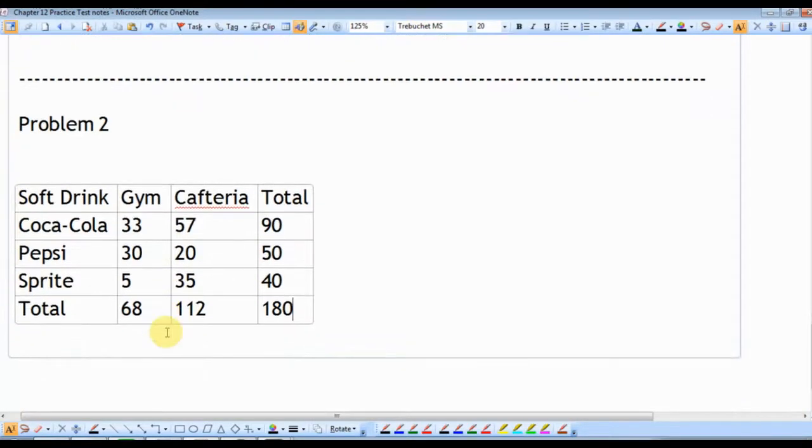Remember, marginal values sounds fancy, but all it means is the total. The totals are here for this row. That's our margin. I call it margin because it's the far right and the far bottom.